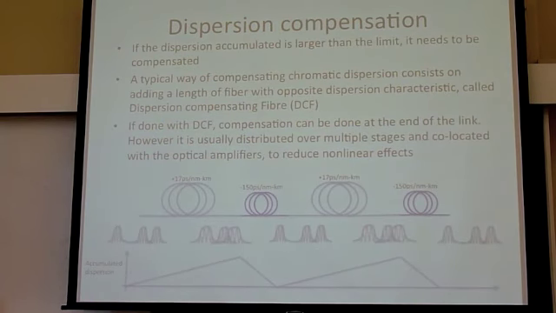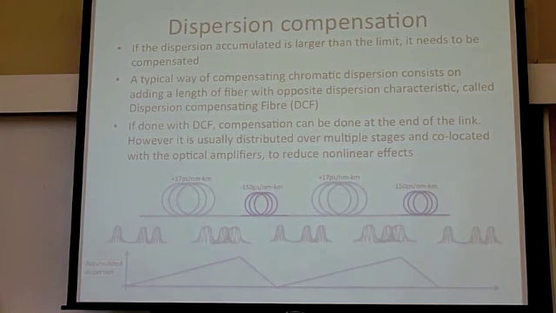How do I compensate dispersion? It's actually quite easy. Normal fiber has a dispersion coefficient of plus 17 picoseconds per nanometer kilometer. I can build fibers which have the opposite dispersion, and with quite a high opposite dispersion, so that if I have 80 kilometers of normal fiber, maybe I only need 5 kilometers of this.